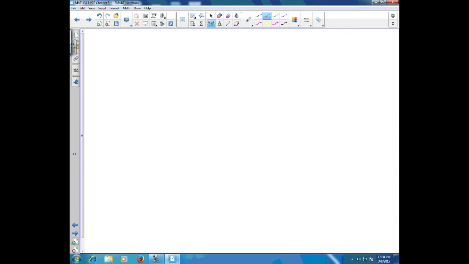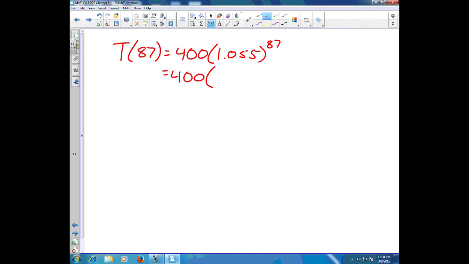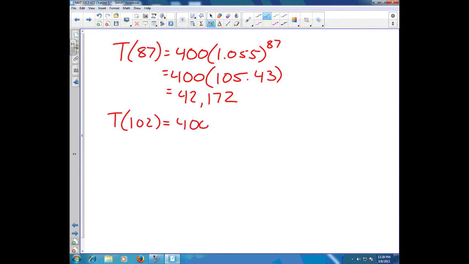Now if we do the same thing for the next two x values, we had 400 times 1.055 raised to the 87th power, that's going to give us 400 times 105.43. And we get 42,172. And finally, for our final x value, we're going to do 1.055 raised to the 102 power.